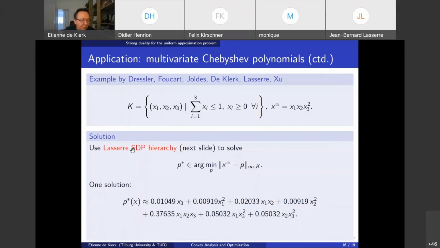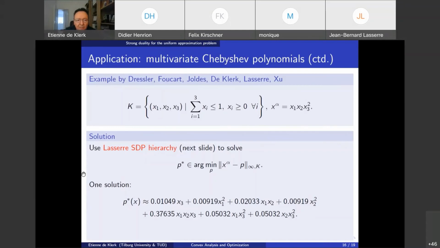Maybe I just want to finish more or less by saying something about this Lasserre hierarchy that we use to solve a generalized problem of moments, because this is one of the only tools available to really numerically solve generalized problems of moments. So this is actually quite interesting to look at.